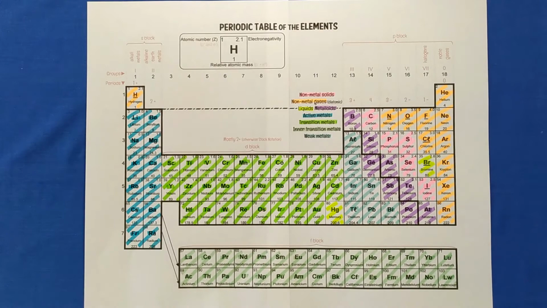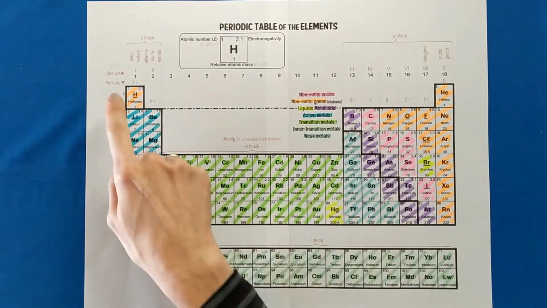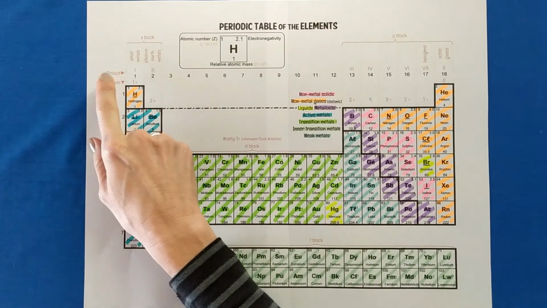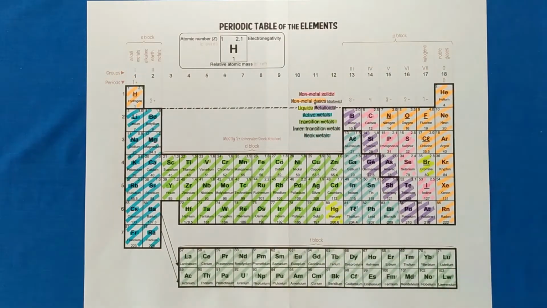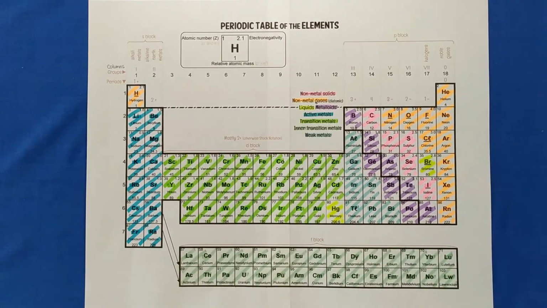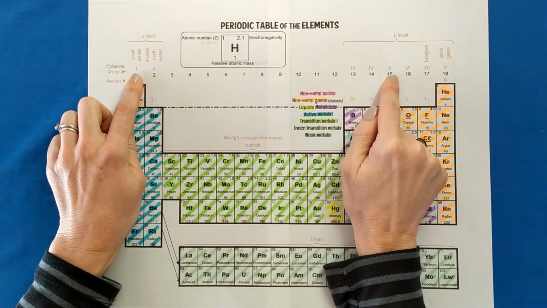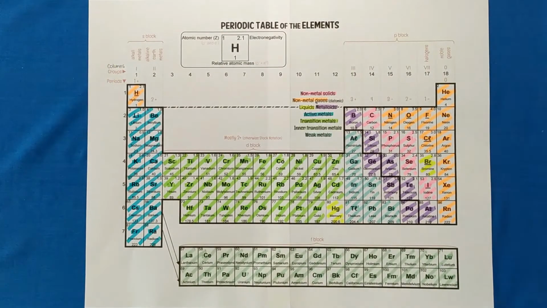Now that our periodic table is color-coded, let's look at some other important features. The columns of the table are known as groups and are often numbered using Roman numerals. The numbers of the groups tell us about the number of electrons in the outermost energy level of each atom, but more about that in another video.